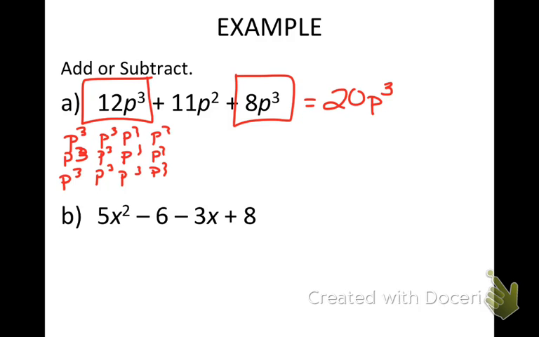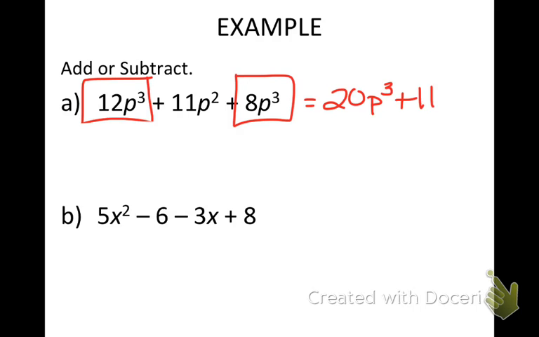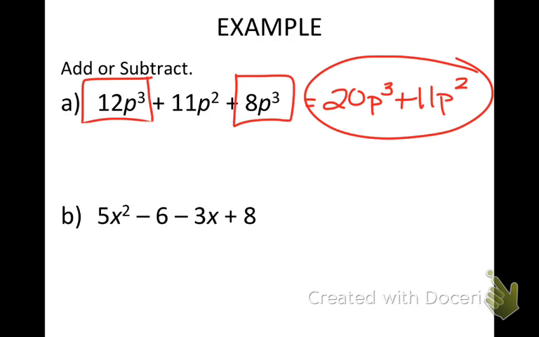Does the 11p squared have anything to combine with? Nope, so it just goes into our answer. So when I add my like terms, I get 20p to the third plus 11p squared, which is a binomial.